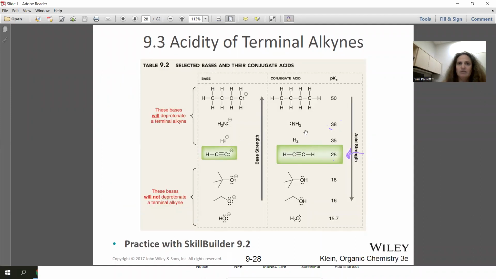We're talking about being able to deprotonate here. And these are all strong enough to do it. These are not. So it's kind of that mixing and matching. You want to make sure that the acid that you're trying to deprotonate is stronger than the acid of the conjugate base you're using to deprotonate, if that makes sense.